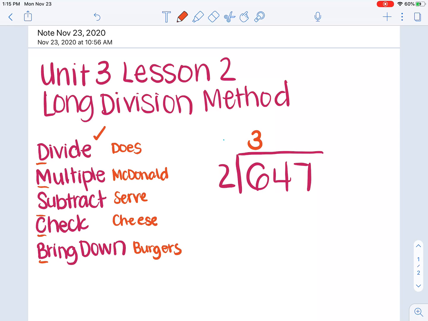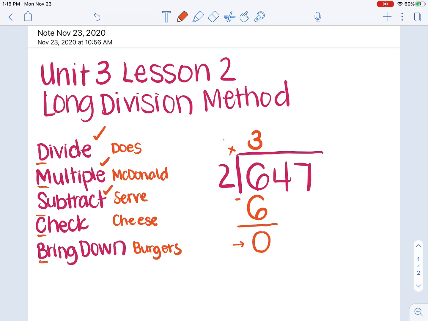Now that I've divided, I'm going to multiply. 2 times 3 is 6. And I'm going to put my 6 right here, down below. Now I'm going to subtract. 6 minus 6 is 0. Next, I'm going to check.